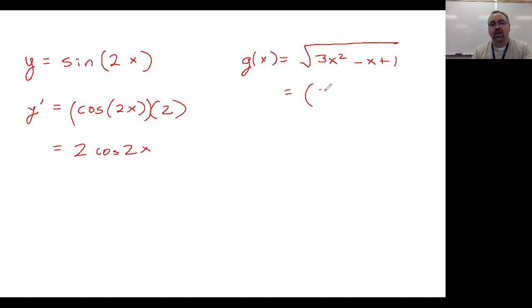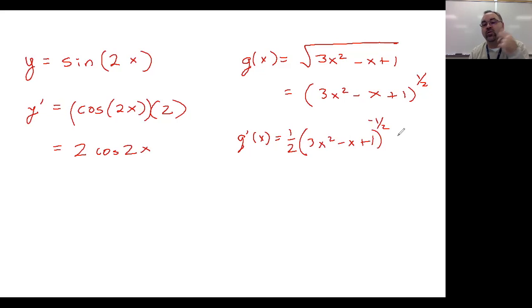There is no rule for that. But there's a power rule. So this 1/2 power is the outside function. So bring down your power. Subtract 1 from your power.